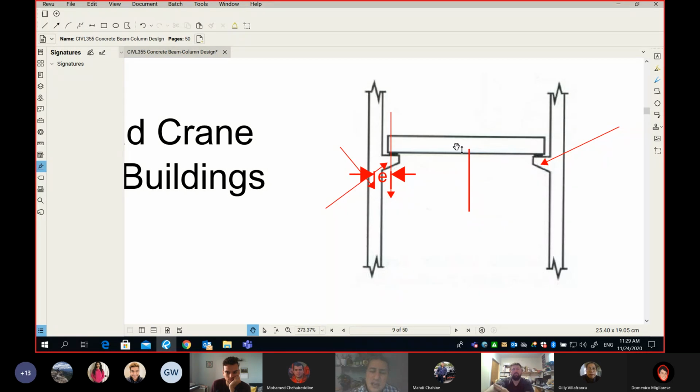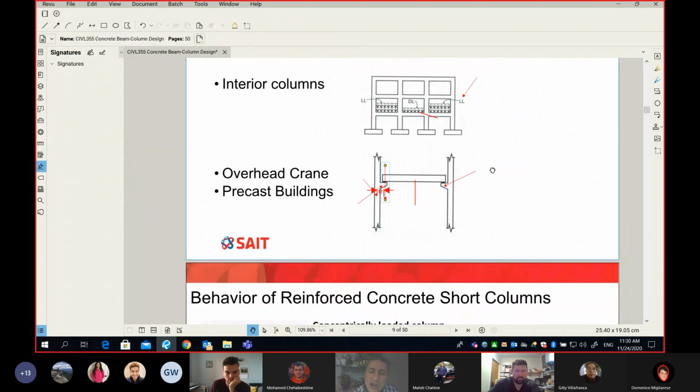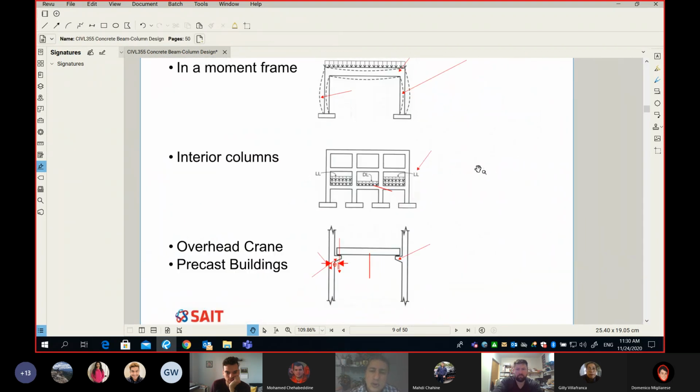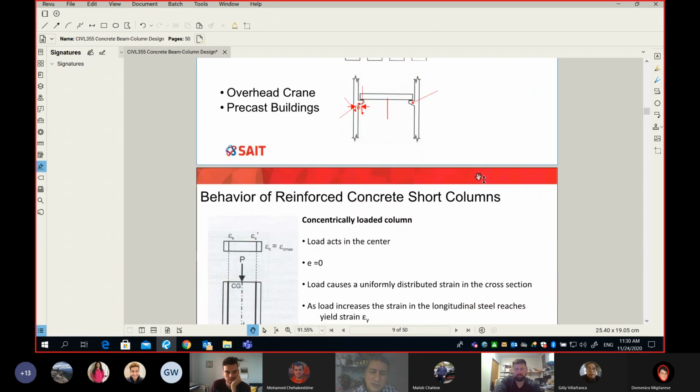Same thing, the girder or the beam will drop the load or the reaction at this point, and then it's offset from the centroid of your column, and you will get eccentricity, and all those columns are eccentric. Bottom line is, a centric column is a very theoretical thing. Eccentric columns are the ones that we should design and look after.